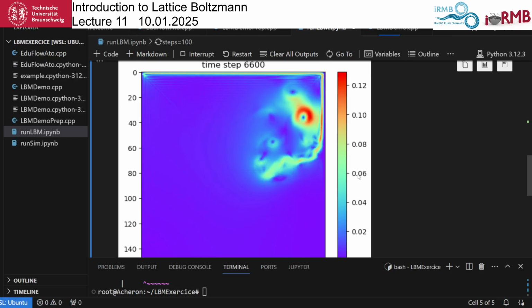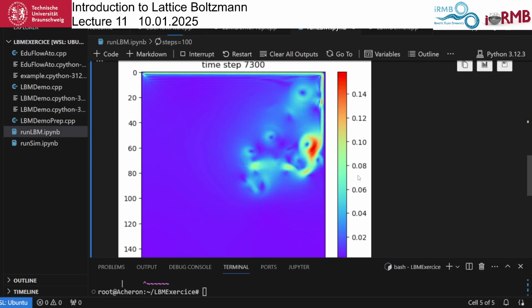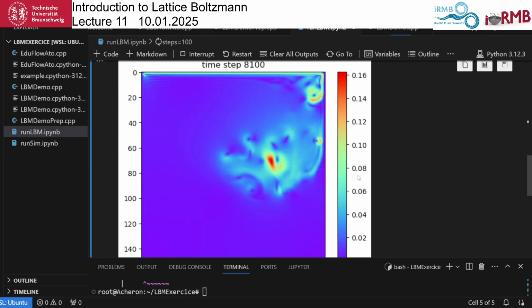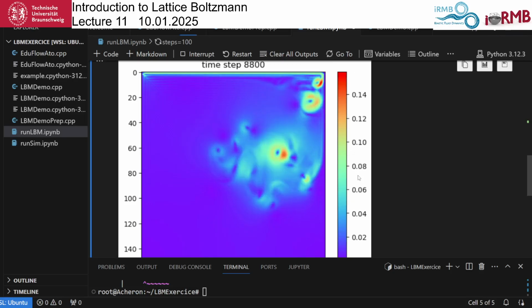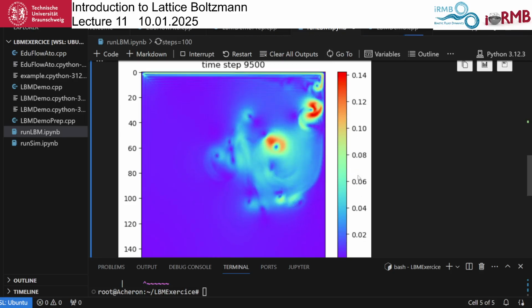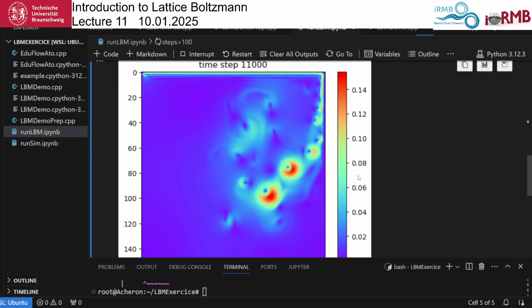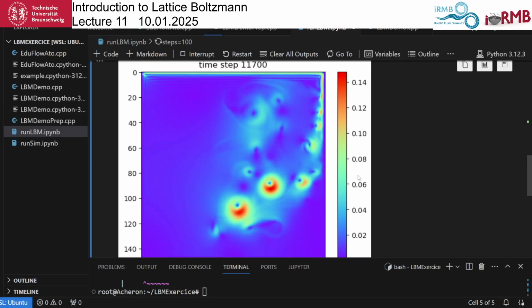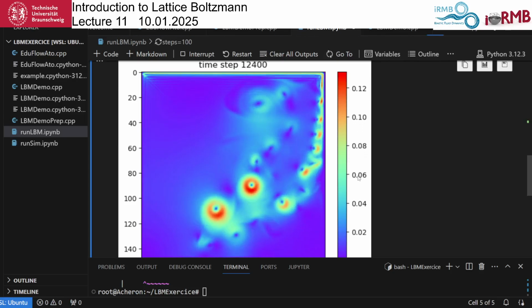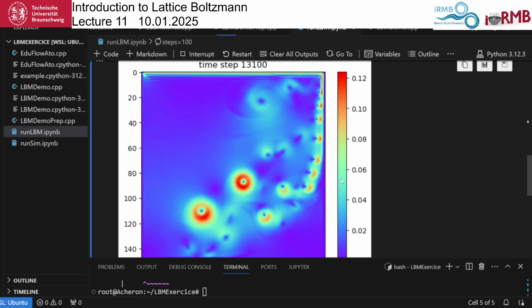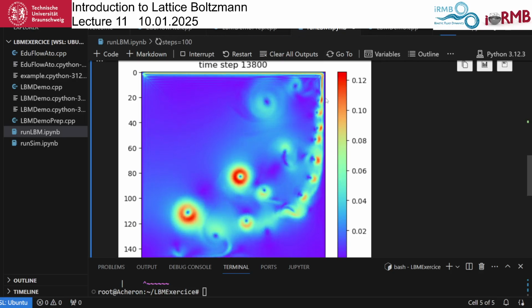Oh, it kind of works, right? I did not calculate the Reynolds number, you can calculate it as a homework. So it's generating a lot of small vortices here.